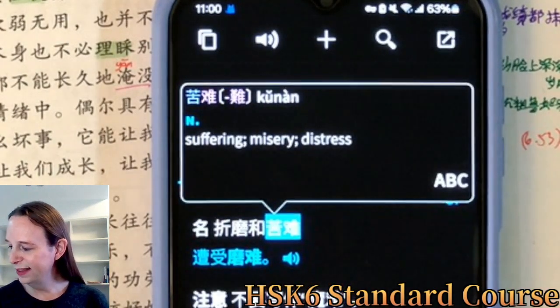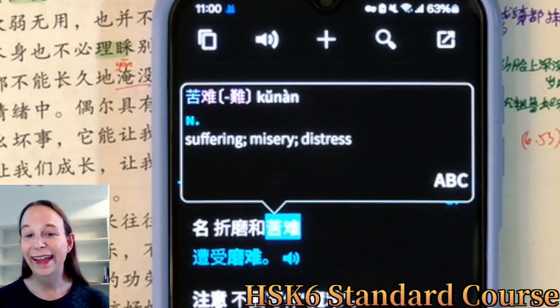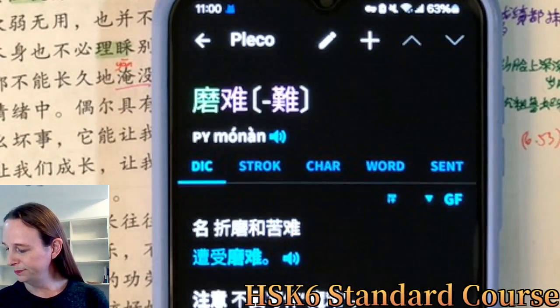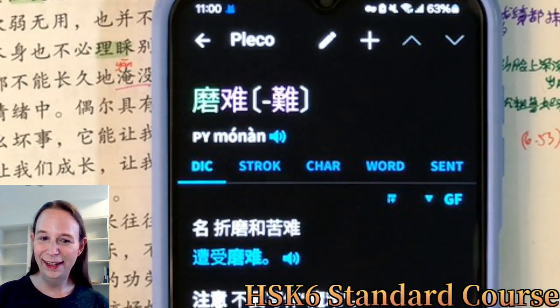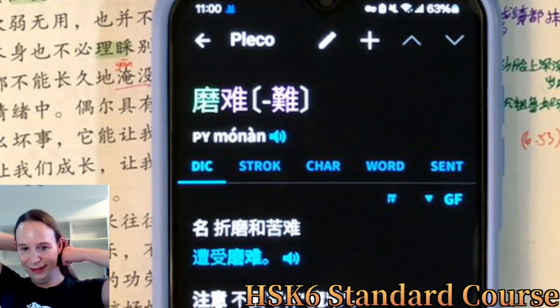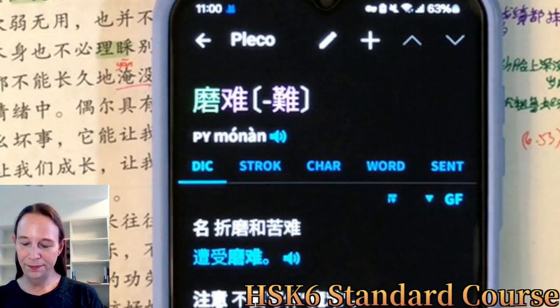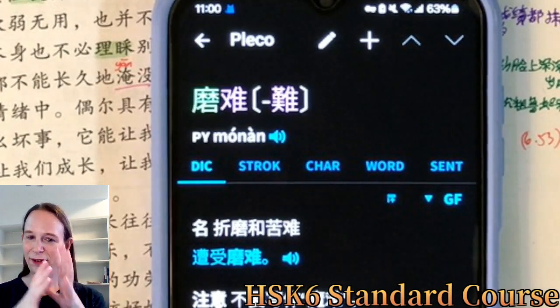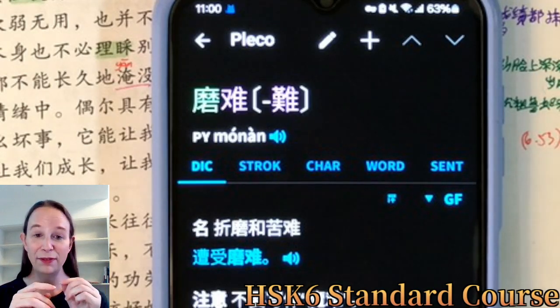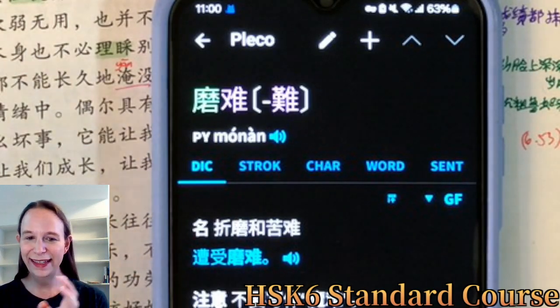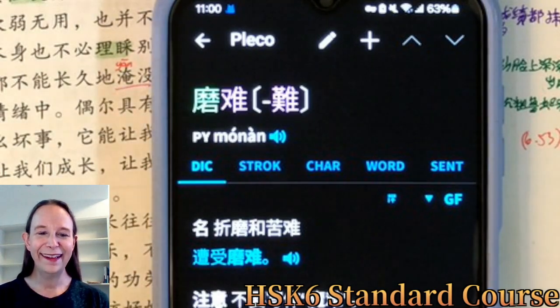Suffering, misery, distress. So even if you don't know this word, you can infer it a lot of the time. Once you improve your reading speed, you need to do that automatically. You don't even realize you're reading words you don't know.